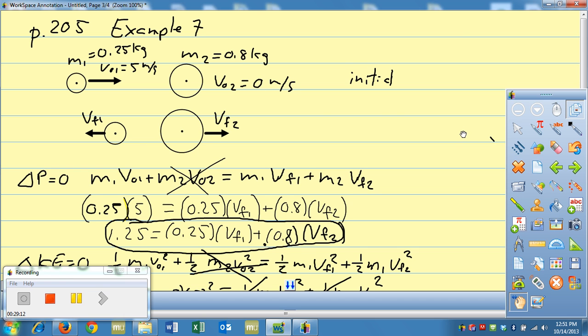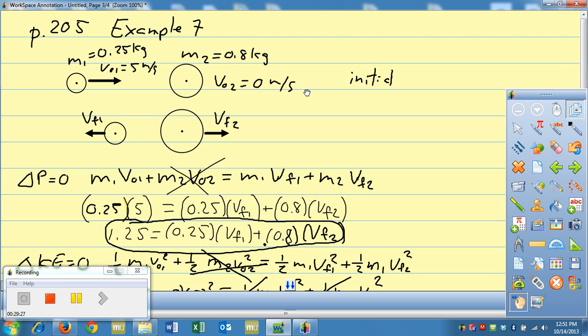So in other words, that would be the situation where they missed. There really was no collision, which doesn't happen in our case. So the equations don't really tell us that a collision happened. If it did happen, then they bounce back. If somehow this one passed straight through that one, it would keep on going at 5, and that one wouldn't move at all, and momentum and kinetic energy would still be conserved.